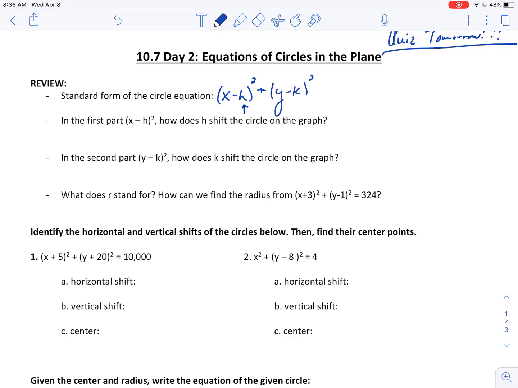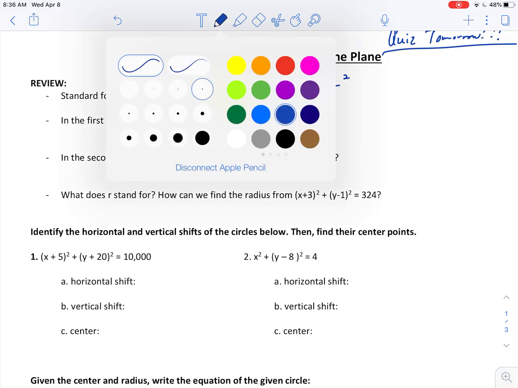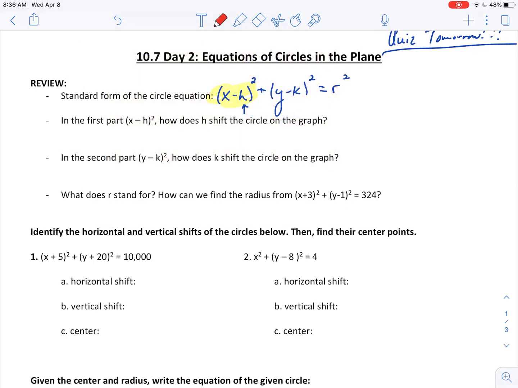And just for review here, the standard form of that circle equation is x minus h, it's horizontal. X is my horizontal axis, squared, plus y minus k squared equals r squared. So in that first part here, x minus h, how does h shift the circle?